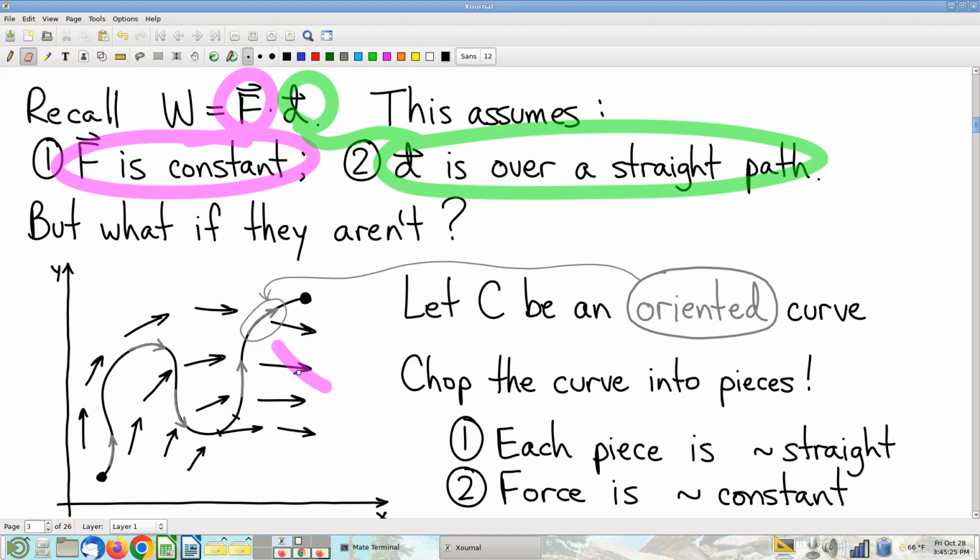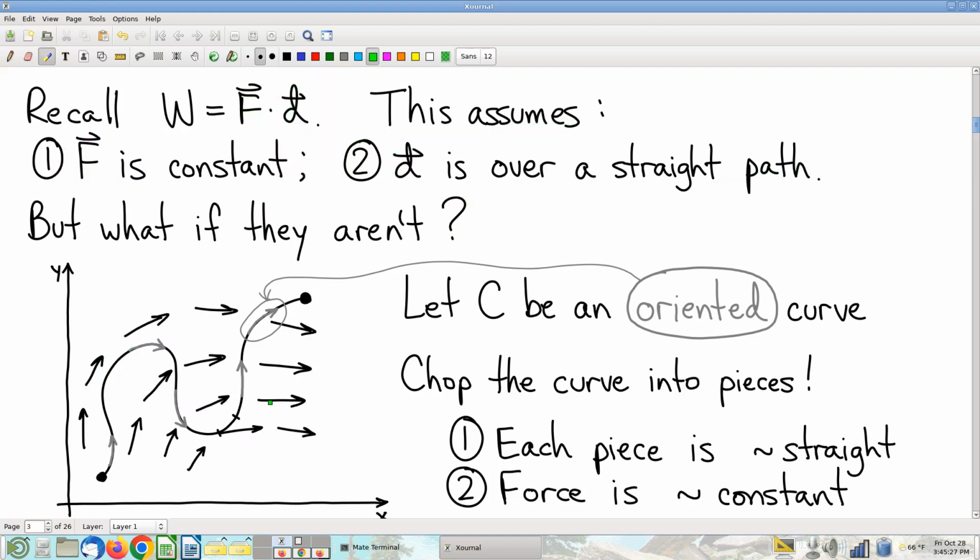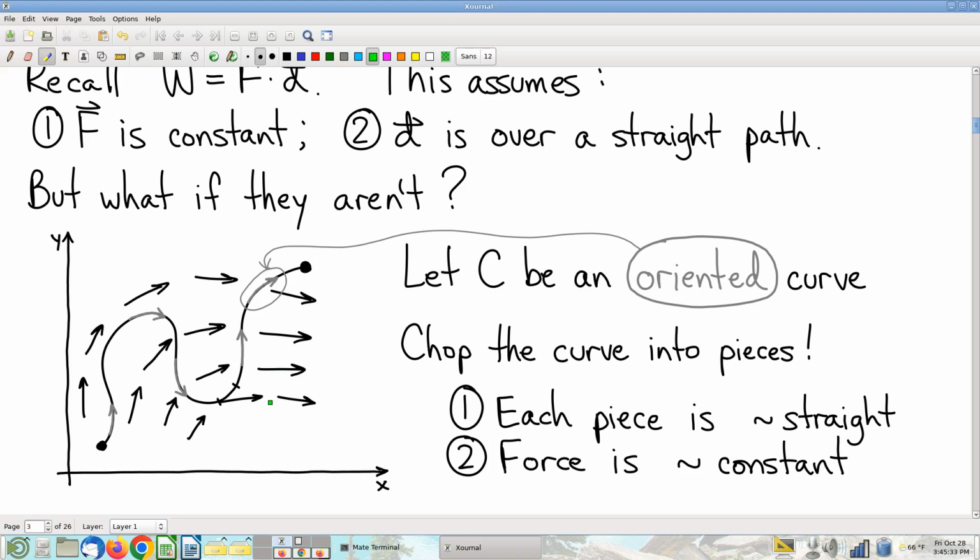Okay. So as we do, this being a calculus class, chop it up, add it up is what we're going to do. I'm going to chop this up into little pieces, itty bitty little pieces like this, for example. And on such pieces, notice that little piece of curve is close, but not quite, to straight. It is close, but not quite, to say that the forces are constant.